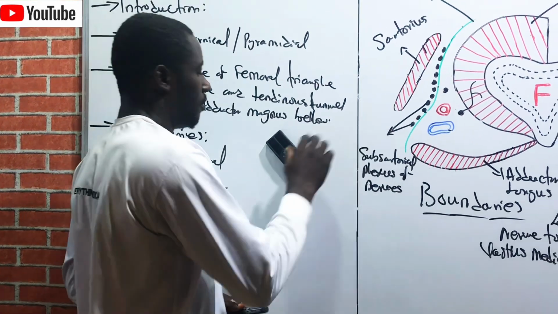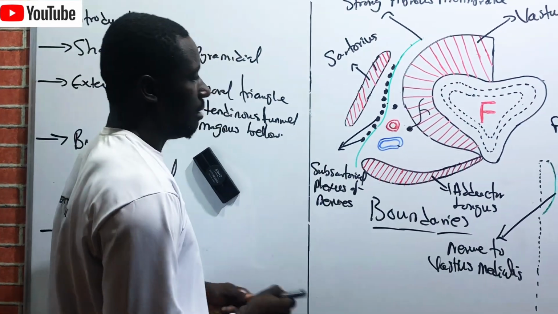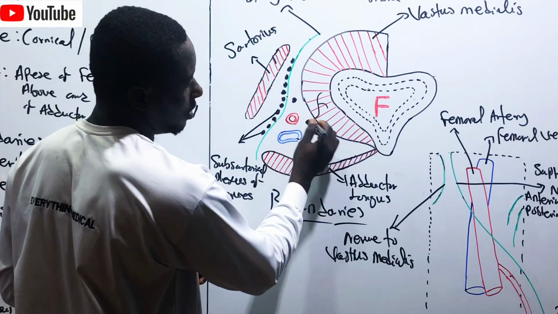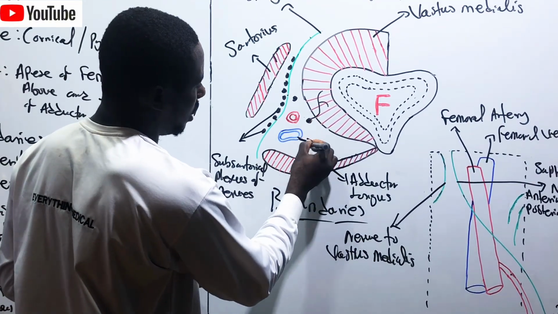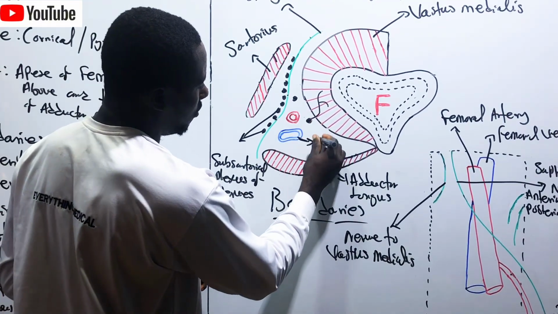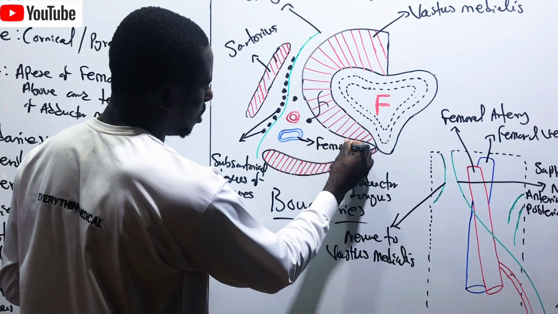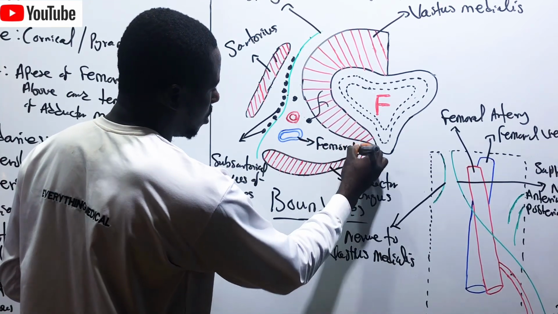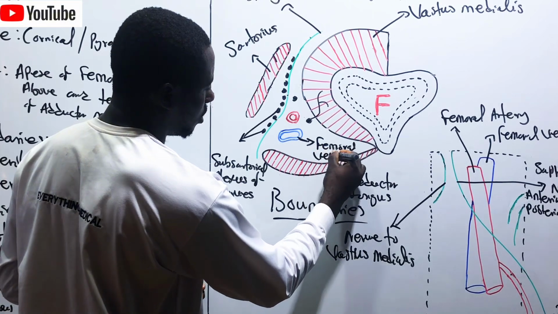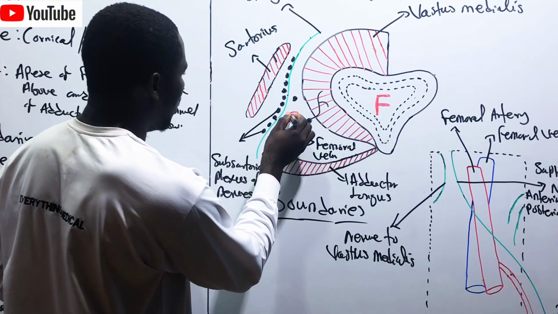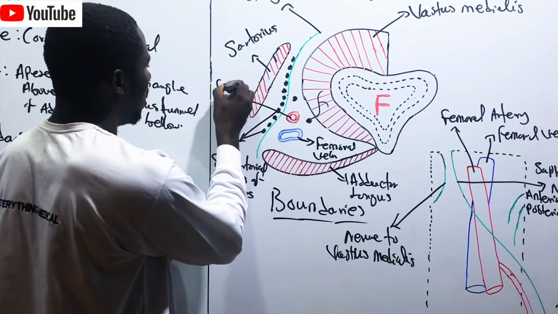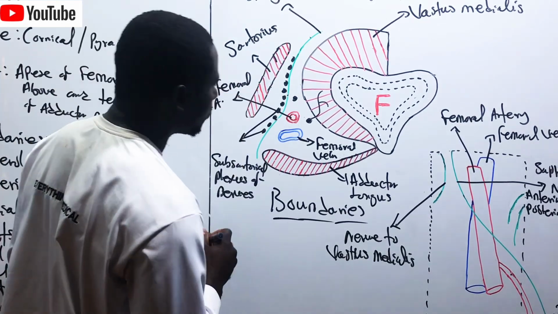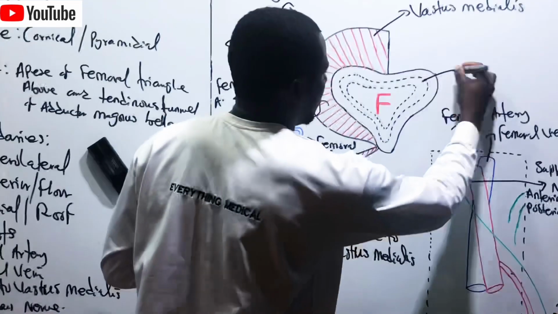So let's finish our labeling from these boundaries. What we have here, this here is the femoral vein. Here, the femoral artery. Here is the femur.